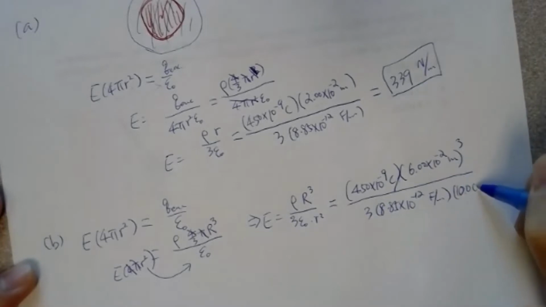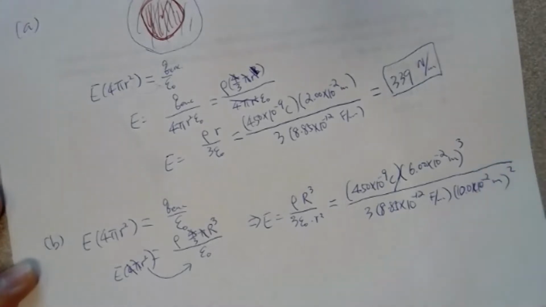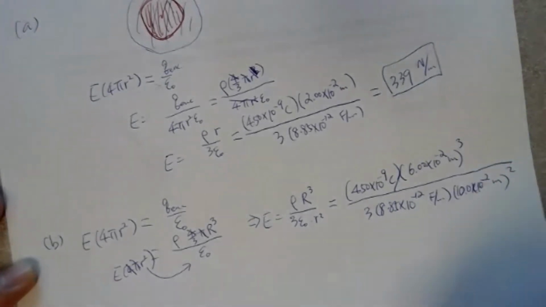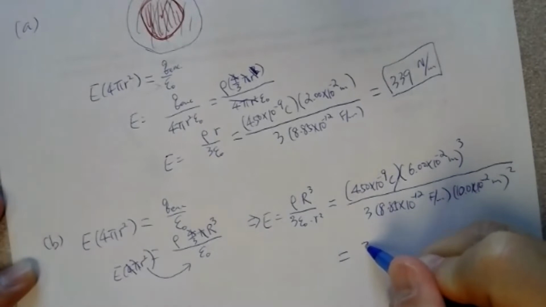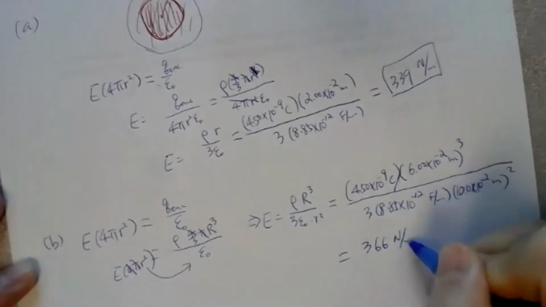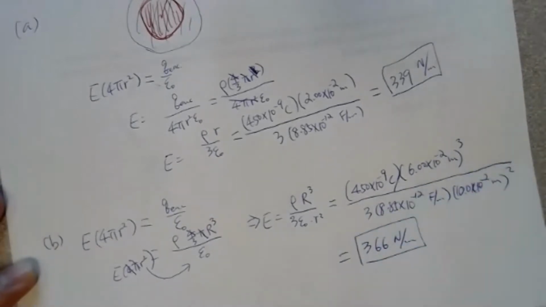You are 10 times 10 to the negative 2 meters, squared. All right. So your E field this time will be 366, when you are away. So that's when you are outside of the sphere, okay?